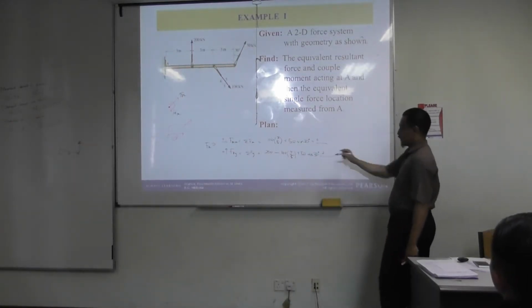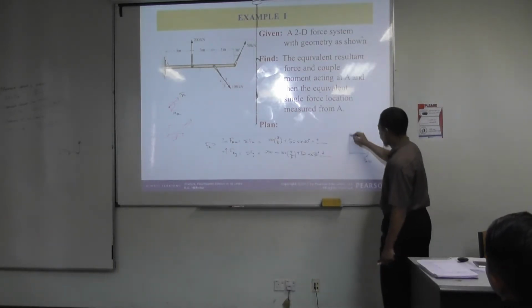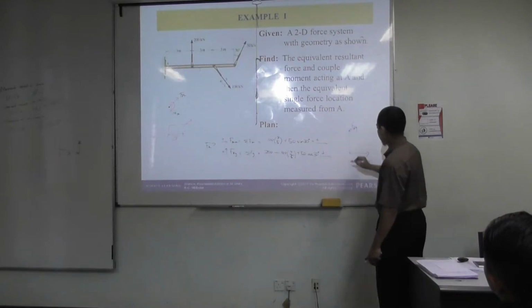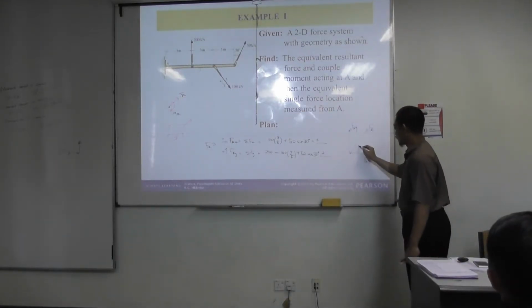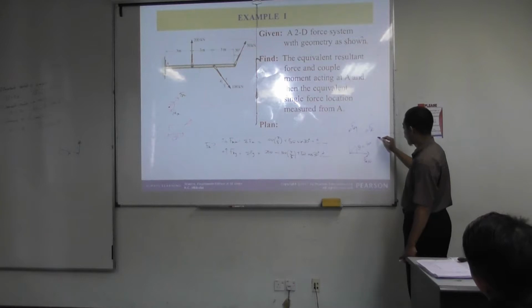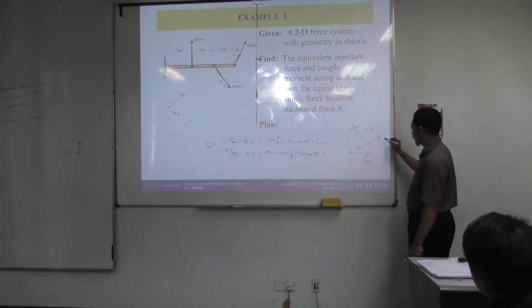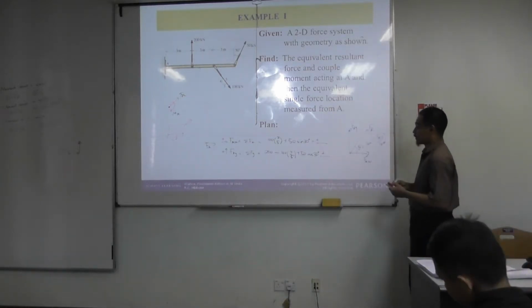Meaning FRX is like this, FRY like that, and then FR will be here. And then let's say theta here equals negative 1 tan, FRY over FRX, from the triangle. Now that's another thing.